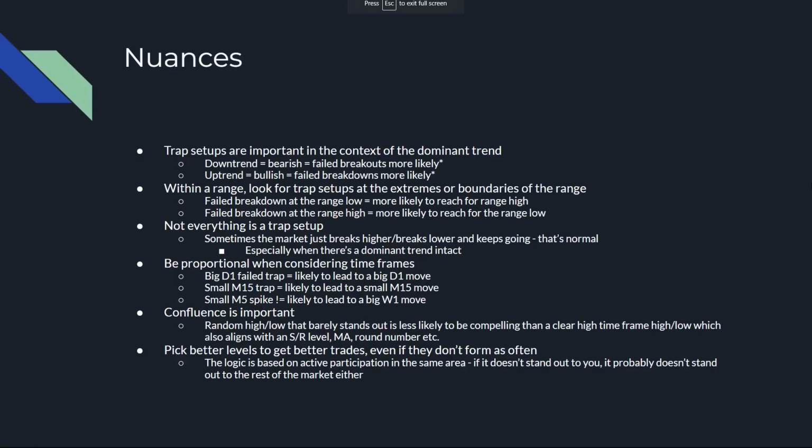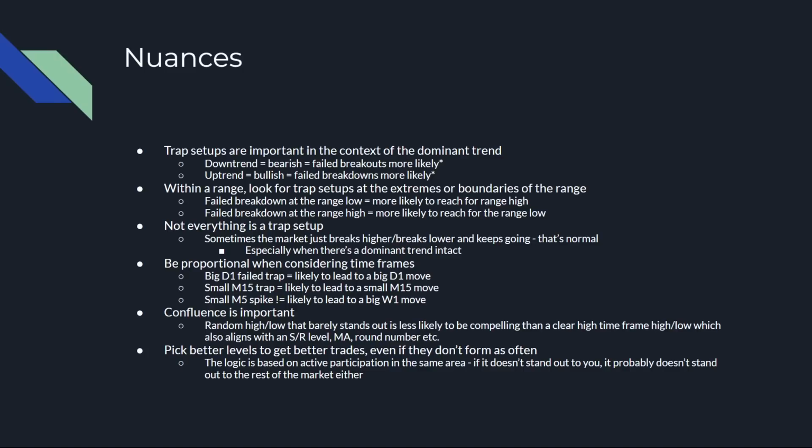Raw and unedited. But yes, any type of range, whether it's your standard price action one or a specific inside candle type of range, from one side to the other, once a failed break has taken place, is your baseline expectation. I would also warn you, because this certainly was the case for me, whenever I learned a new tool, I just jumped into the first 1 minute chart and tried to find every use case for it. This is especially important for trap setups: not everything is a trap setup.